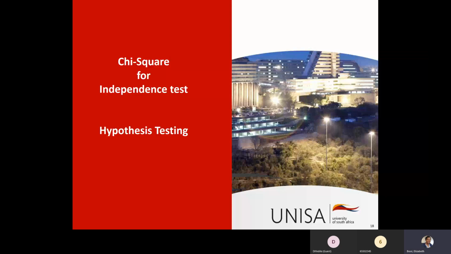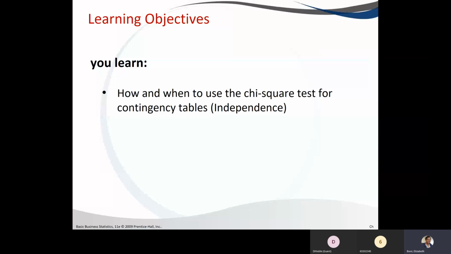Here we're calculating the chi-square test for independence, and we're going to be using a contingency table, which means we're taking 2 categorical variables and we want to test if one is dependent on the other or independent of the other one. One is related or not related to the other one. And that's what we're going to be testing.